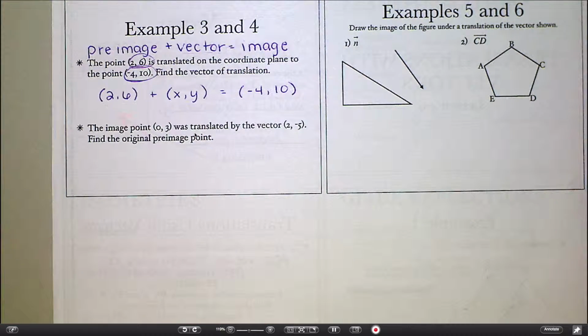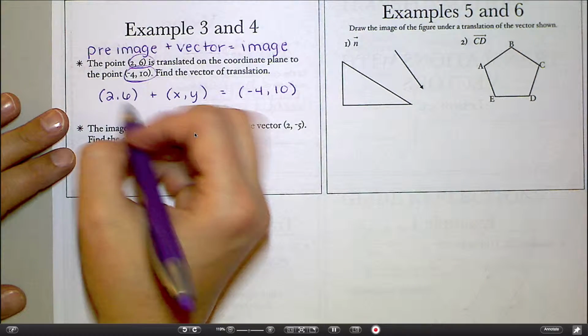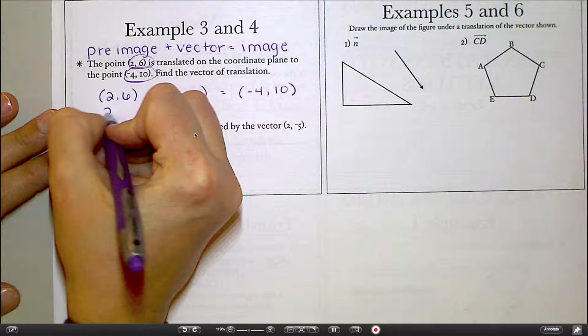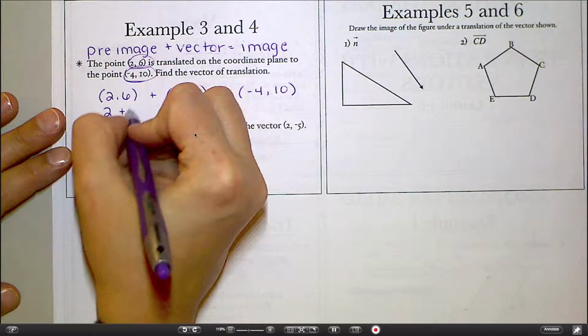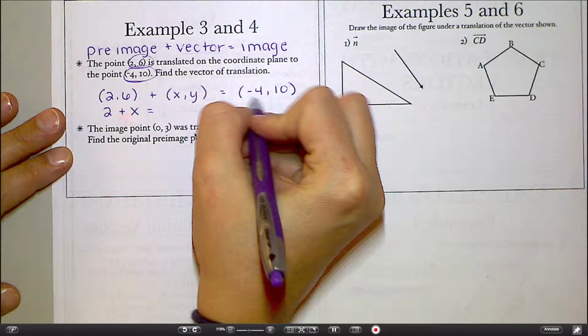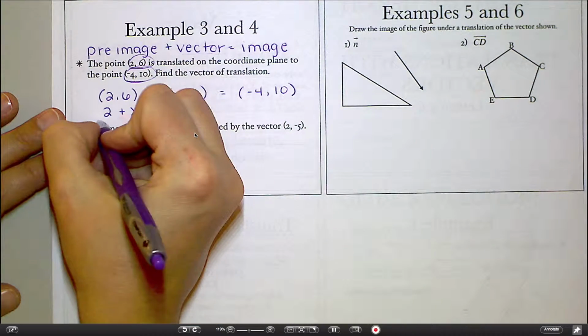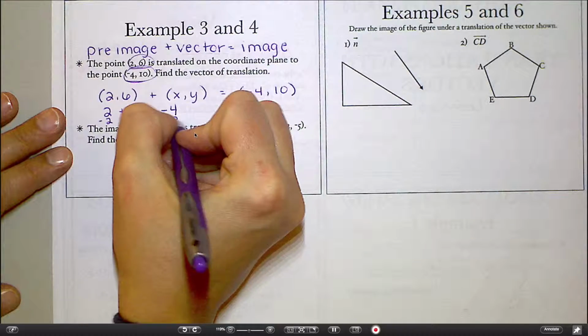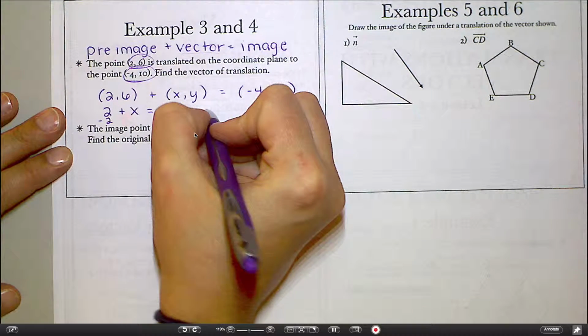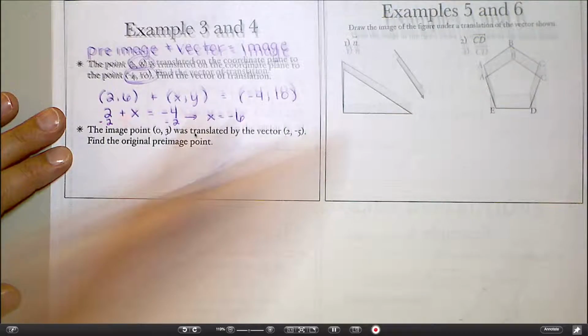That's the setup I'm looking for here. Well, if I break that down, that means that 2 plus x must equal -4. And if I take 2 away on each side, I get that x is equal to -6.